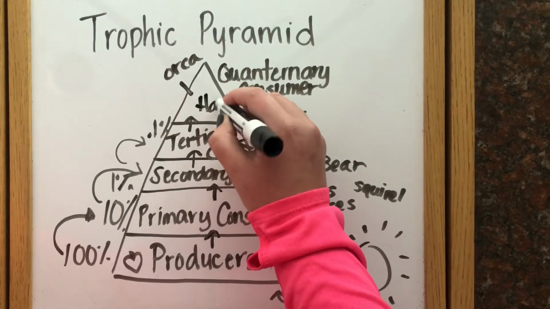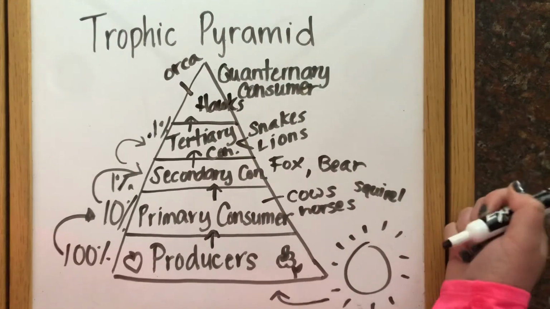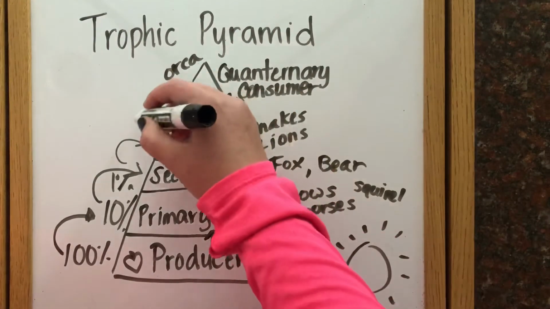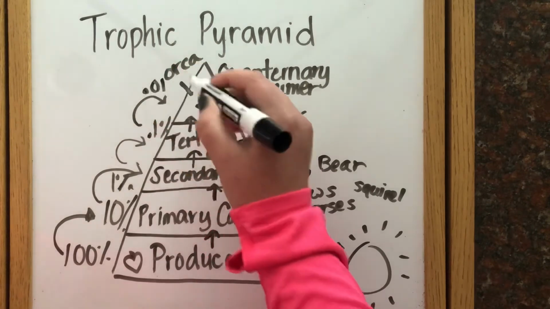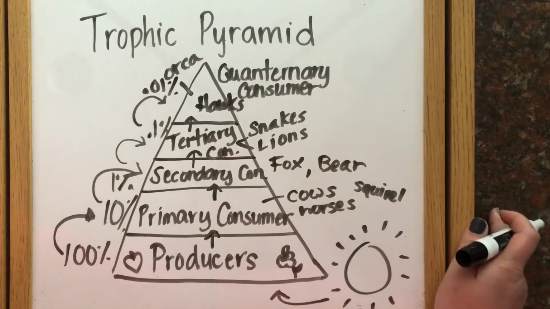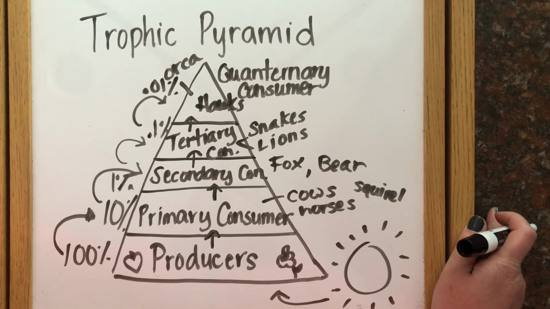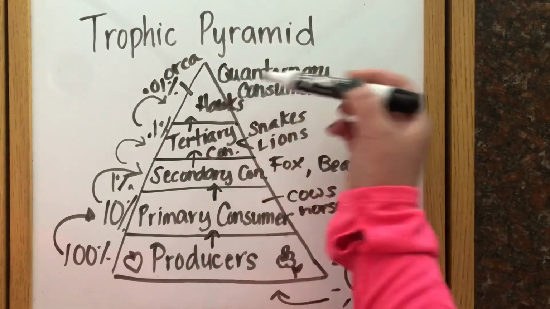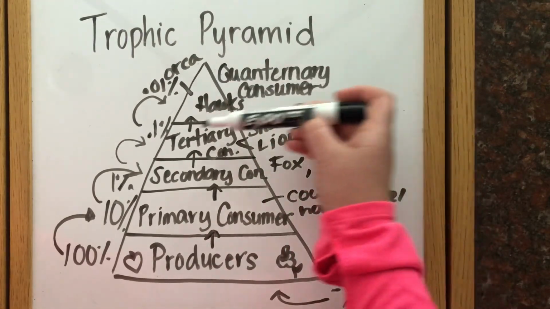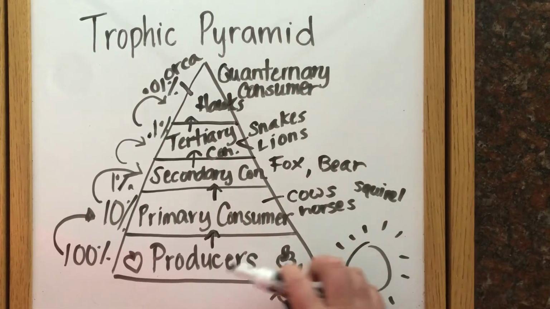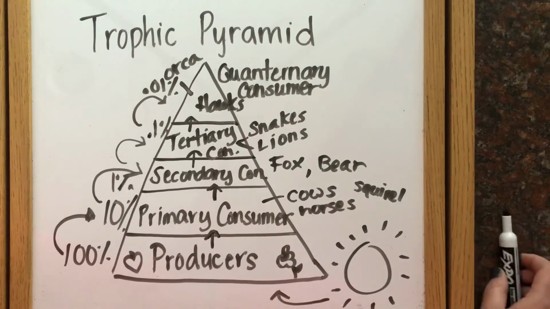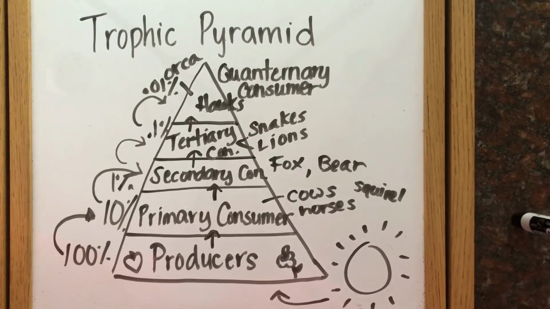Hawks in our forest ecosystem eat a lot of things here. So again, they get even less energy from the sun. So they're hunting often. Not every food chain has to have a quaternary consumer. Many times it stops right here at tertiary, but most food chains consist of these first 4 organisms.